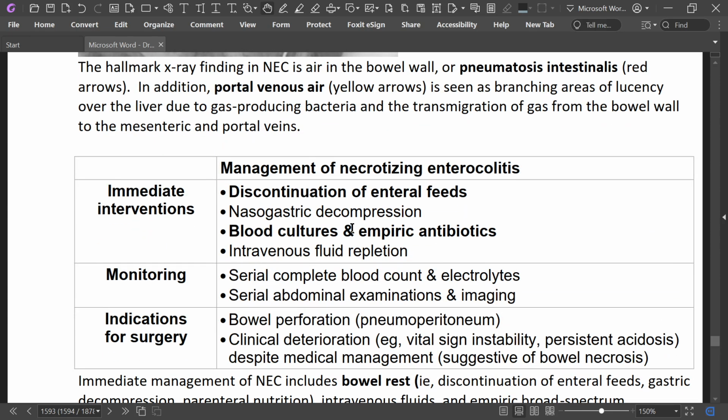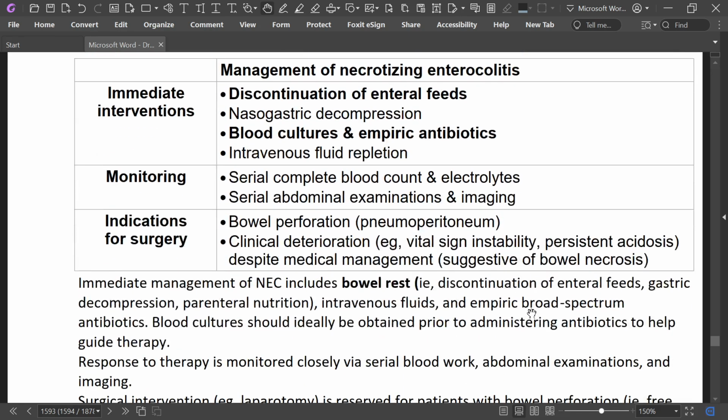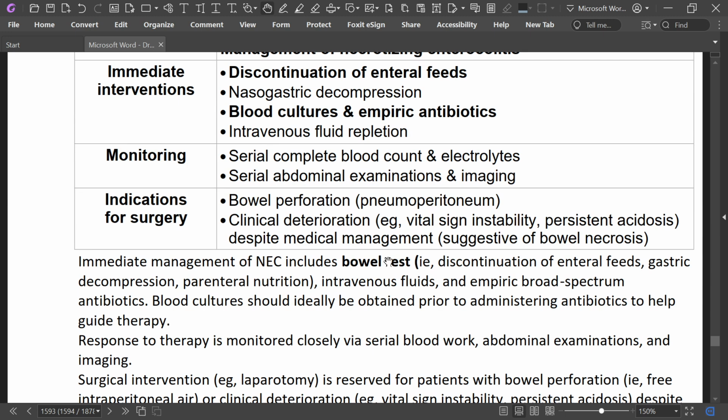Serial blood counts and electrolytes, serial abdominal examination, and imaging. Indications for surgery are bowel perforation, pneumoperitoneum, clinical deterioration, vital sign instability, and persistent acidosis despite medical management.